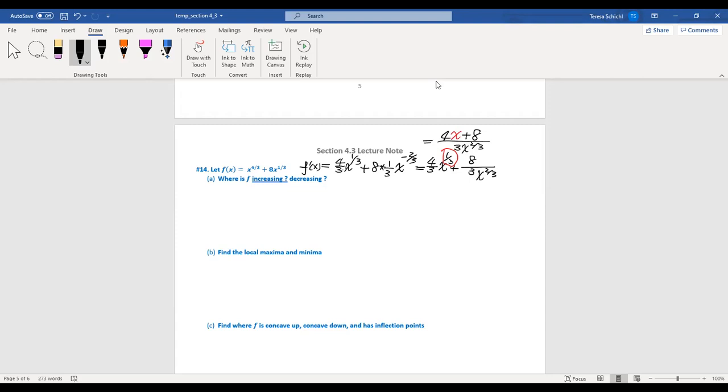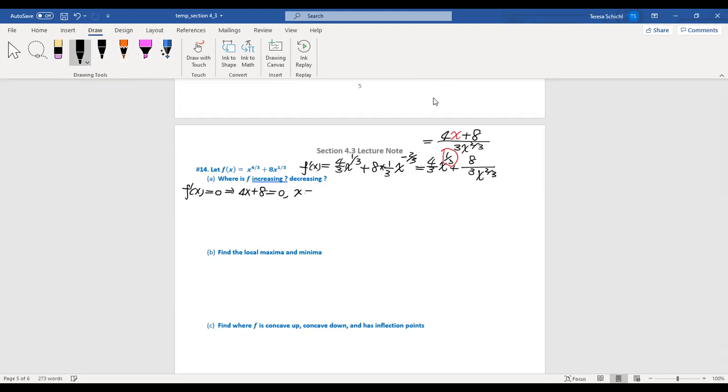All right, so for the first derivative, we want to find the increasing or decreasing. We find the critical points here, right? So let's see. That means f prime x equals 0. f prime x is a fraction. The fraction equals 0 only when 4x plus 8 equals 0.